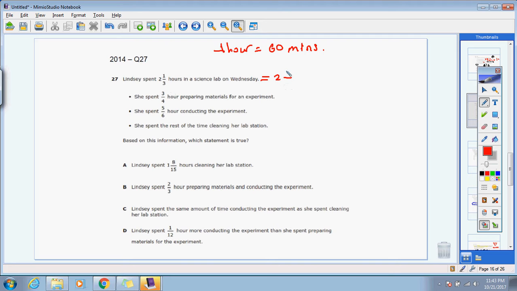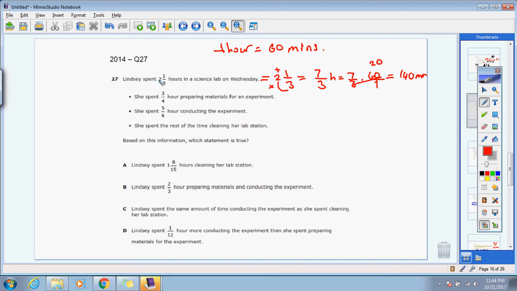2 1/3, when we transform it into an improper fraction, we multiply 2 by 3, we get 6, plus 1, we have 7/3, and we need to find out how many minutes 7/3 hours is. We take this and multiply by 60/1. 3 goes into 60 20 times, and we will have 140 minutes.